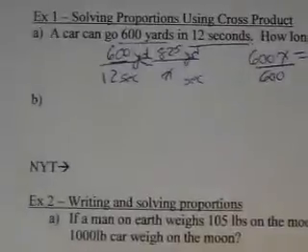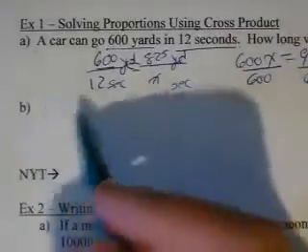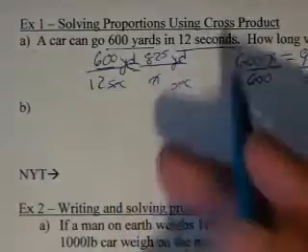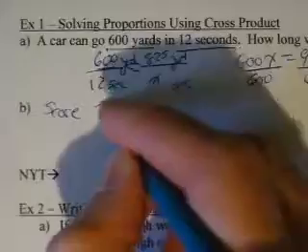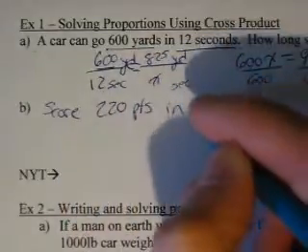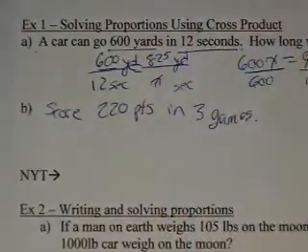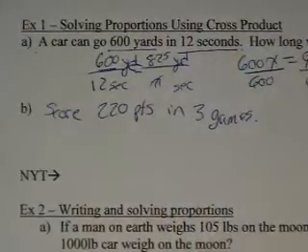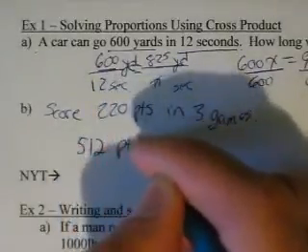Okay? Now letter B, I'm going to read the problem, but I'm only going to write down the important parts. It says a bowler can score 220 points in 3 games. How many games would it take to score 512 points?